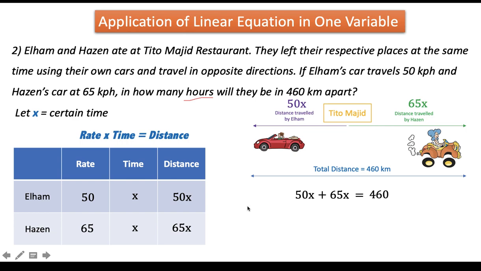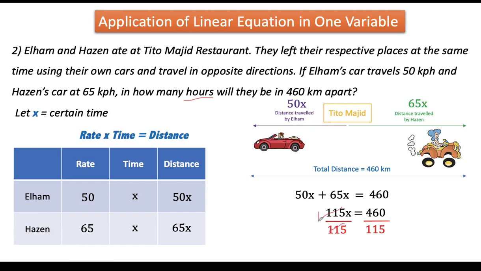Now, let's start solving. Since they are similar terms, we can add them. So 50x plus 65x is 115x, equals 460. Then to finally isolate x, we can apply the division property of equality, by dividing each side of the equation by 115.